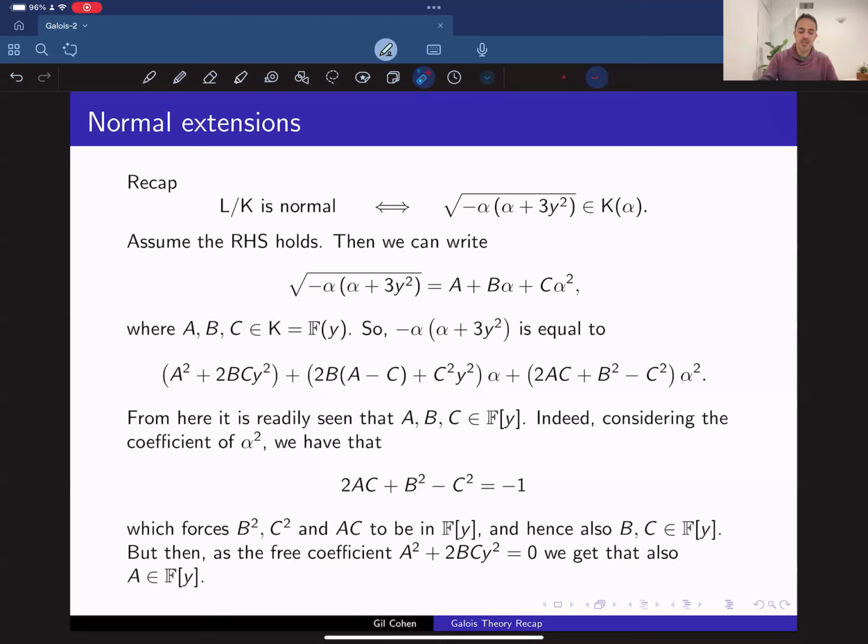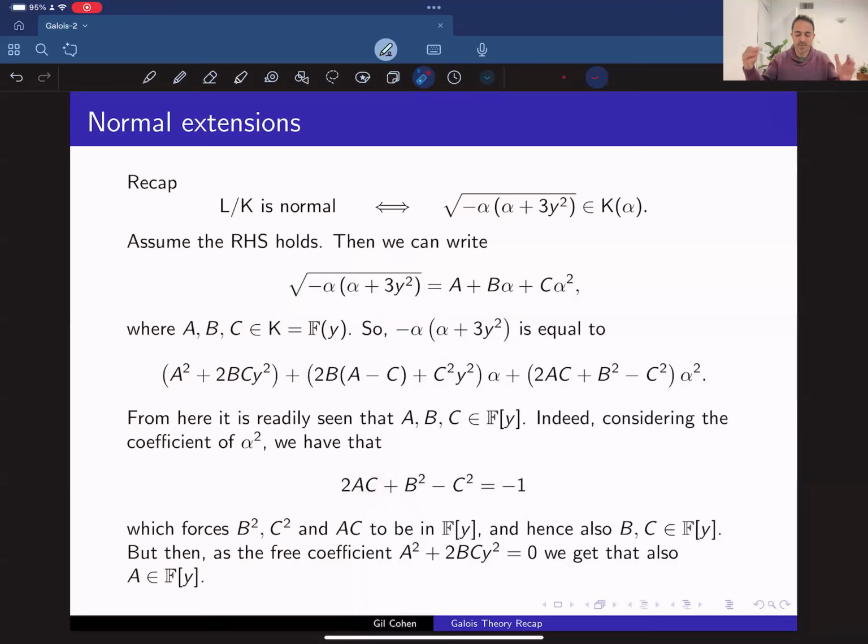Now, these a, b, and c, generally speaking, are coming from the rational function fields in y. But I claim that from here you can see that these are actually polynomials in y, which is going to make it easier to work with. For example, let's consider the coefficient of alpha squared. Here it's this thing, and the coefficient of alpha squared on the other side, the square of that, is minus 1. This forces b squared, c squared, and 2ac.